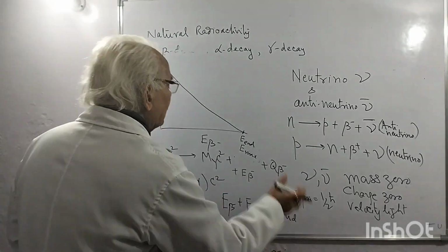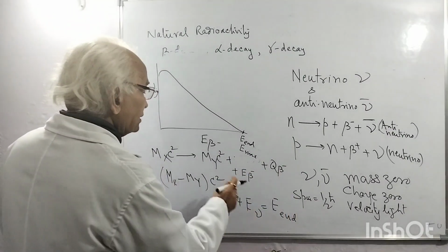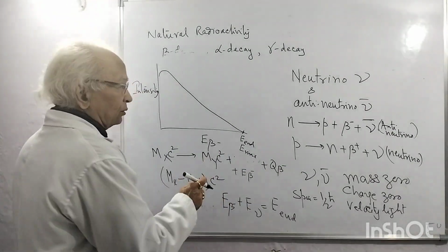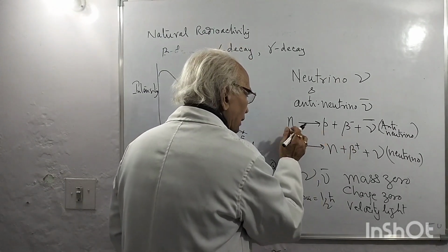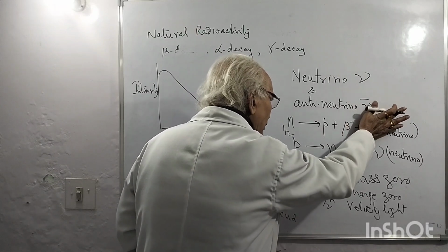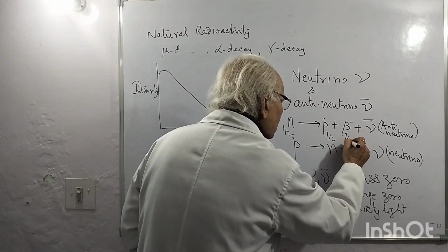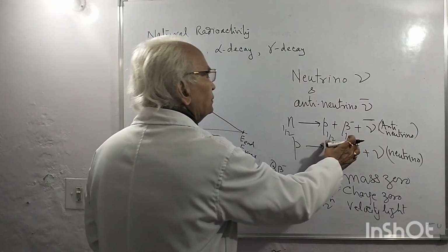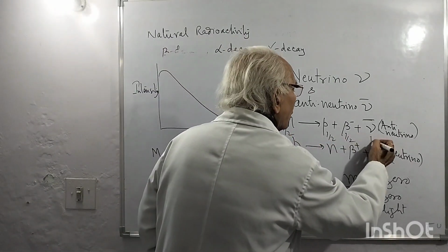So this is energy conservation and also spin conservation. Here spin would not be conserved otherwise. Here it is half, and if this is not there, then half and half you cannot conserve, because this becomes 1 or 0. This is half, so this is also half.